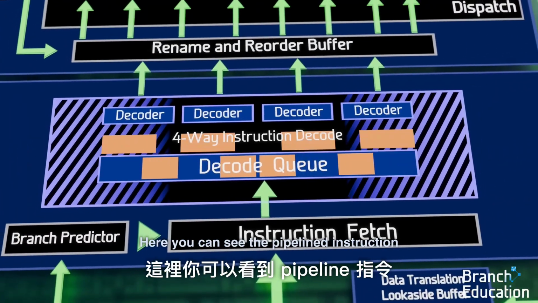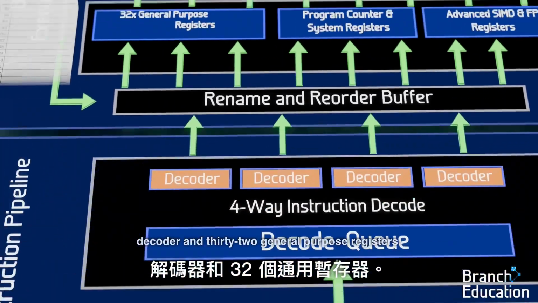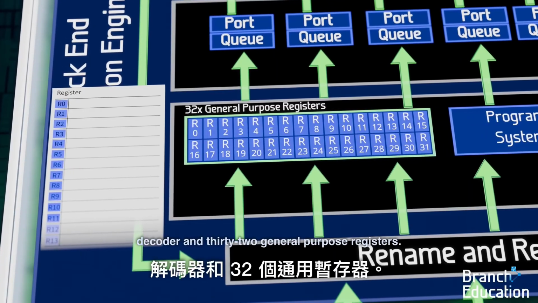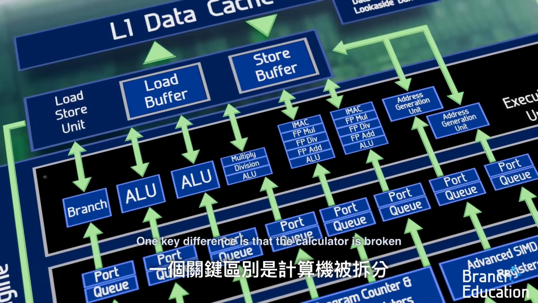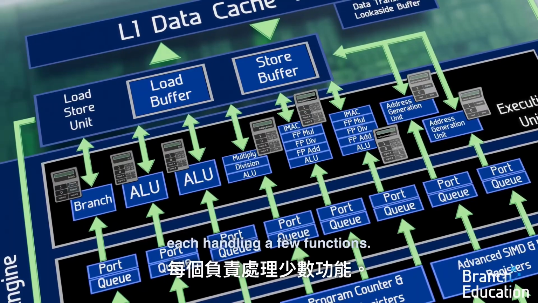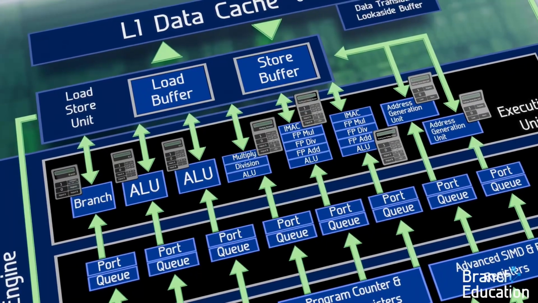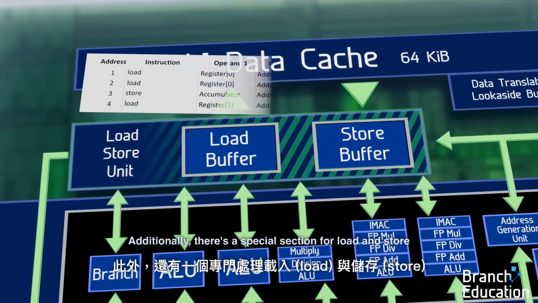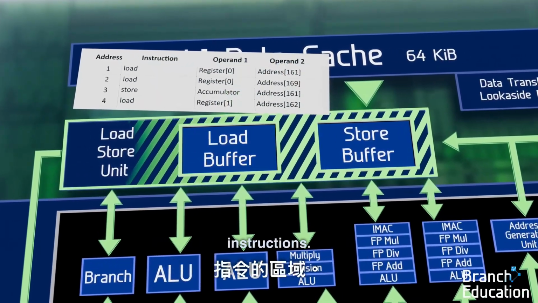Here you can see the pipelined instruction decoder and 32 general-purpose registers. One key difference is that the calculator is broken up into 8 separate smaller calculators, each handling a few functions. Additionally, there's a special section for load and store instructions.